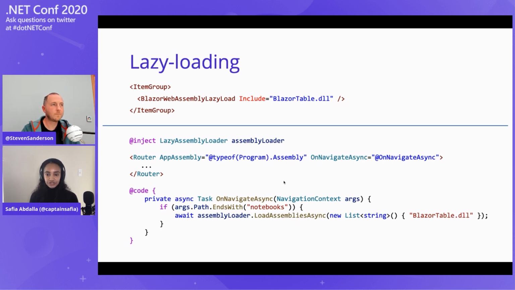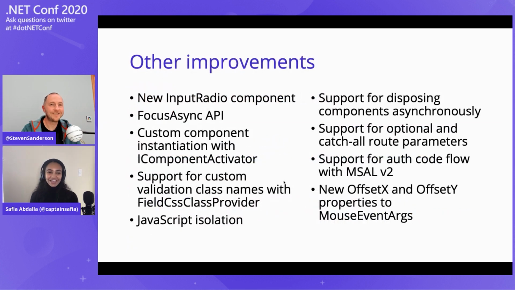All of that good stuff is taken care of by the lazy assembly loader. This is just one of the features that you can use in .NET 5. Now, you would think that we are done, but we are not, because we've got more things to show. Steve, do you want to share some of the interesting stuff we've shipped? Yeah, so we clearly do not have anywhere near enough time to talk about all of these in detail. But yeah, in terms of plugging some of those feature gaps that we mentioned before, we've got things like the input radio component, the ability to programmatically control focus.